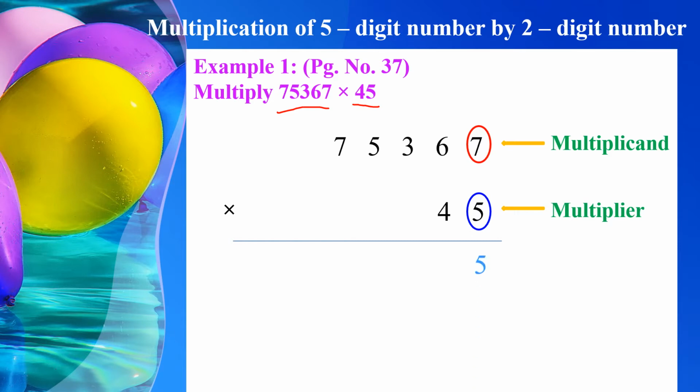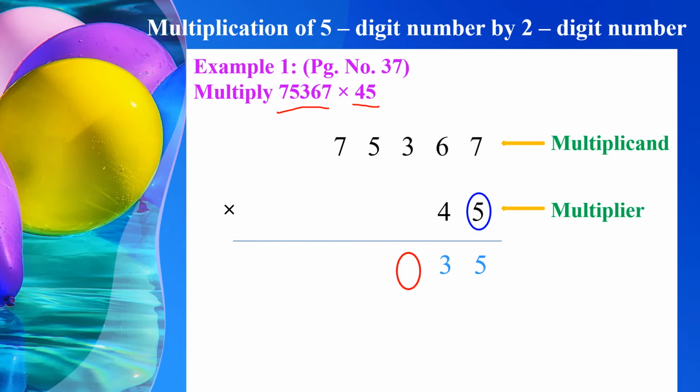So write 5 here and keep 3 in your mind. The next, 5 into 6, which is equal to 30. So 30 plus 3 in our mind, which is equal to 33. So write 3 here and keep 3 in your mind.